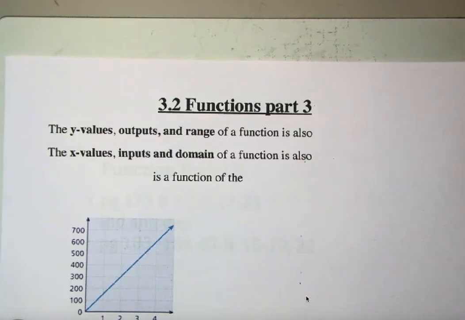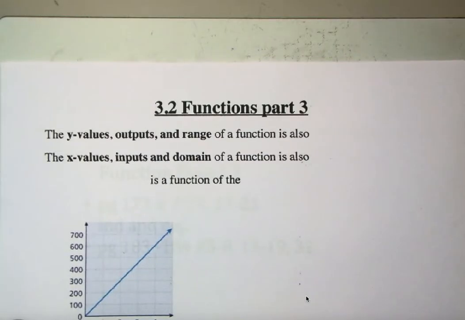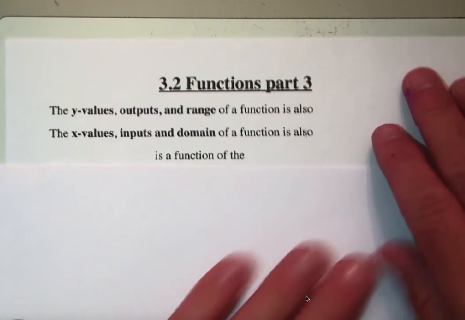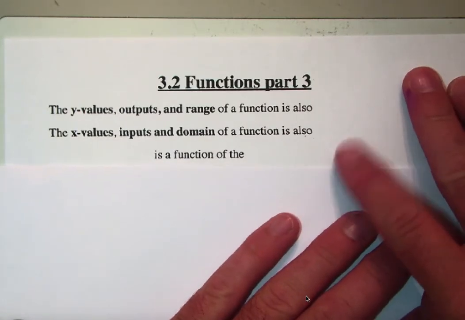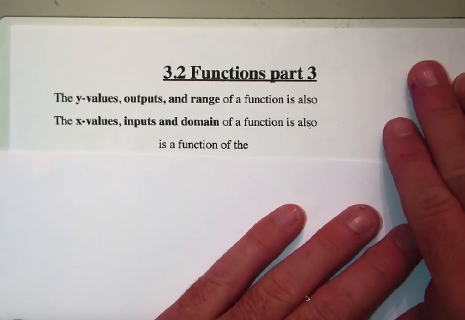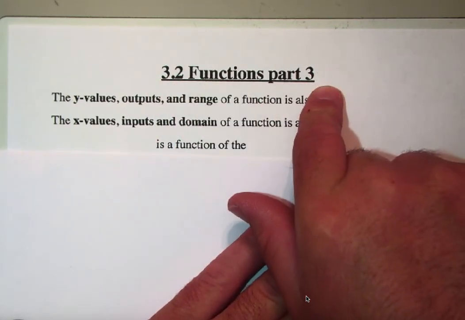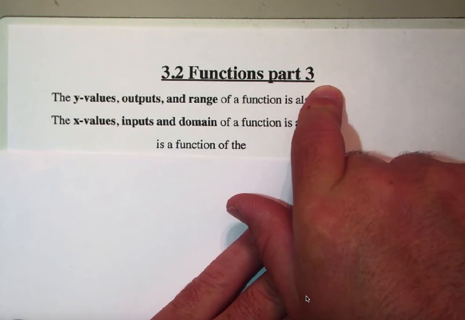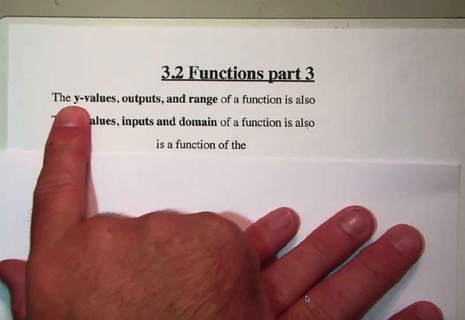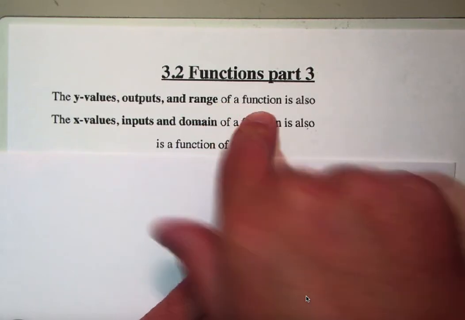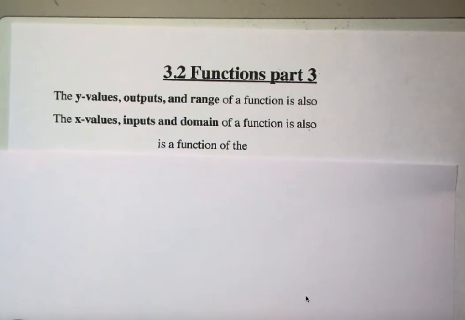Cool. All right, around to our third part. I'm trying to jam in a lot, but we're almost done. Stay with me in here. Okay, so add this to our notes. 3.2, functions part 3. The y values, the outputs, and the range of a function has a fourth name.